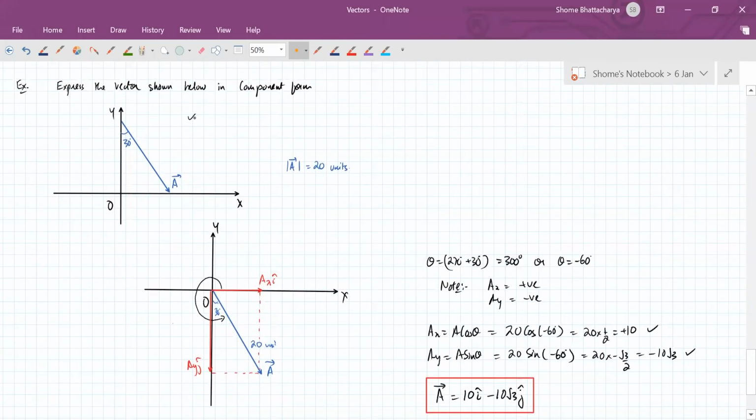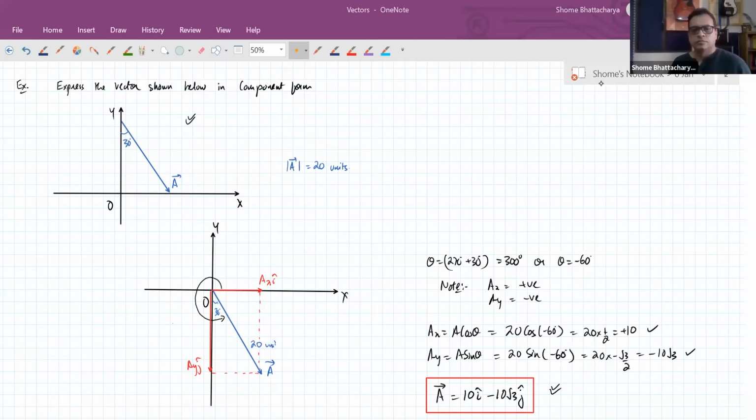This vector is now represented by this component notation. They are one and the same thing. So this becomes the representation of that vector, which is drawn over here, in the component notation.